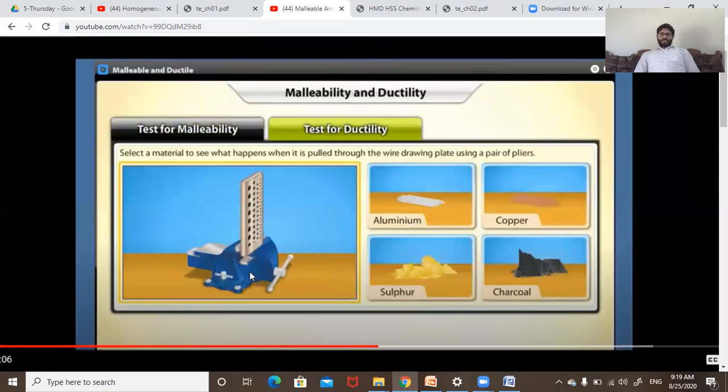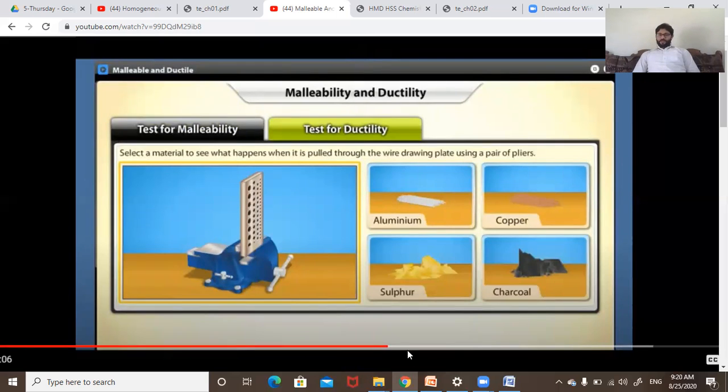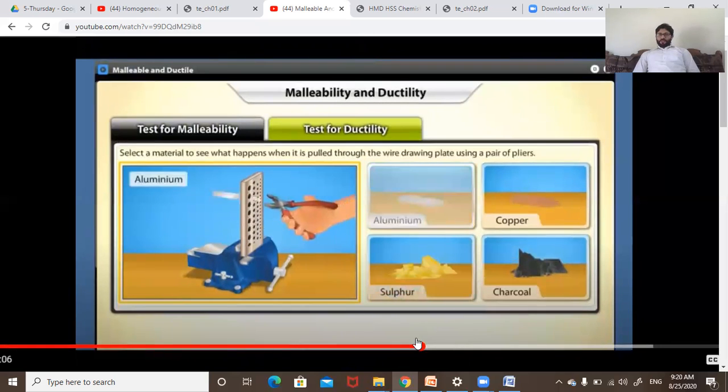The next example is related to ductility. As I told you, in terms of ductility, when metals are drawn, they convert into a wire. We call it ductility. Look now, this is a piece of aluminium.